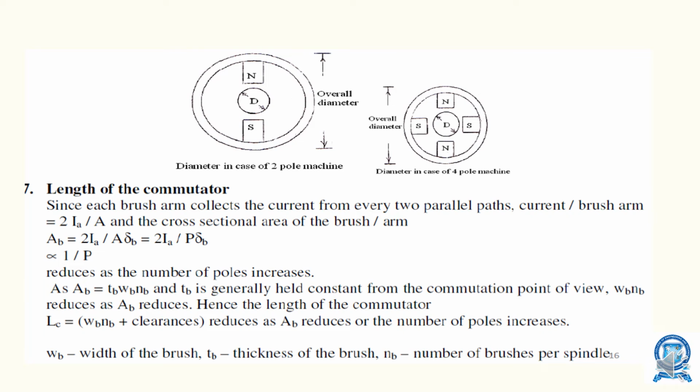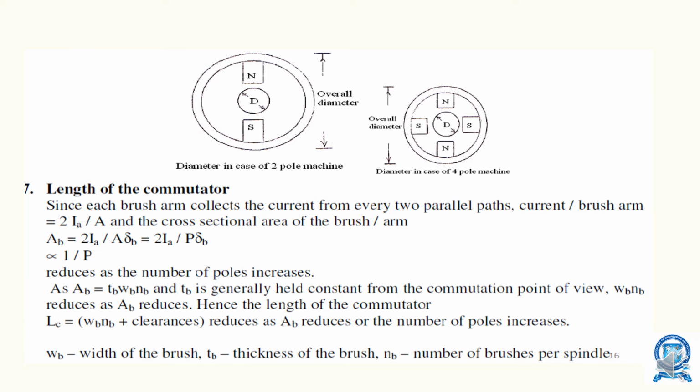The next parameter is the length of commutator. Since each brush arm collects the current from two parallel paths, current per brush arm is equal to 2Ia by A, and the cross-sectional area of brush per arm Ab is equal to 2Ia by A δb, which is again equal to 2Ia by P δb, that is inversely proportional to poles.